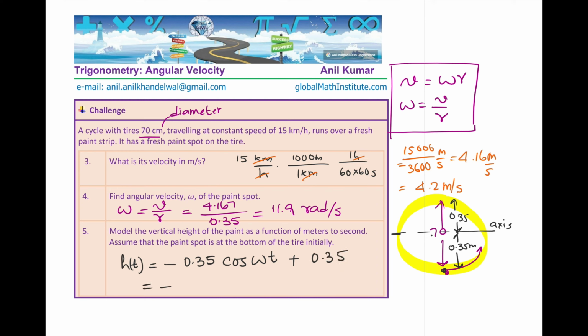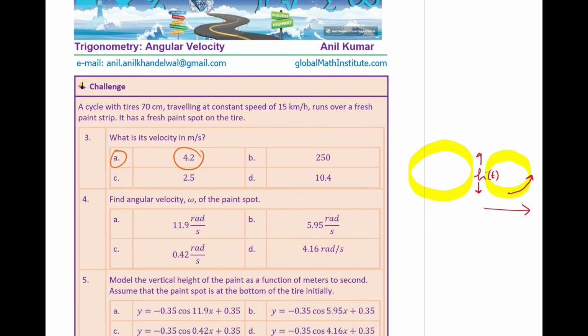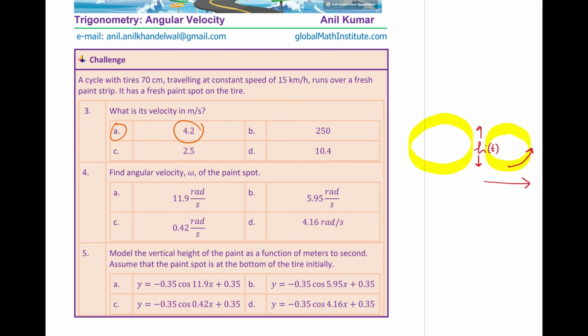And since we know what omega is, which is 11.9, we can write this as h equals negative 0.35 cos of 11.9t, plus 0.35. So that gives us the equation for calculating the height of the paint spot at any instance of time, correct? Looking into our options, this option is given to us. Option A was correct for the fourth, and here also it is option A, which is the right option.